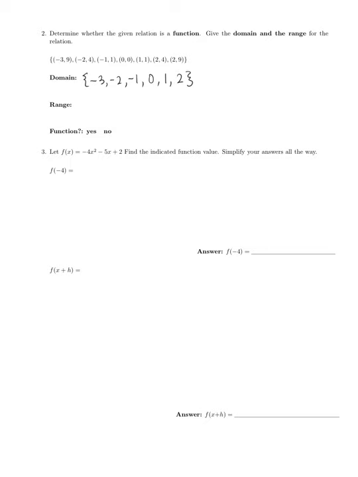Now let's do the same thing for the range. Range is the set of all y values. So what do we got? We have 9, 4, 1, 0, 1, 4, 9. Whenever a number repeats, do not write it twice. So our range is y is 9, 4, 1, 0. The next 1 is already taken care of, I already wrote down 1.